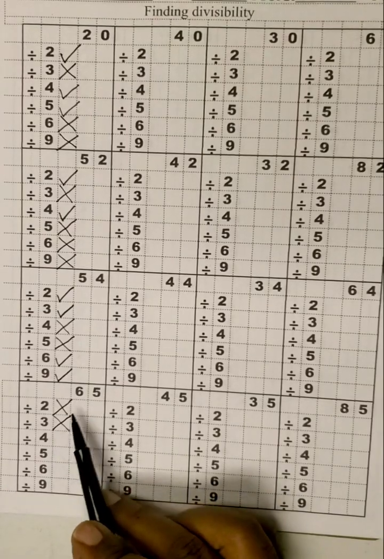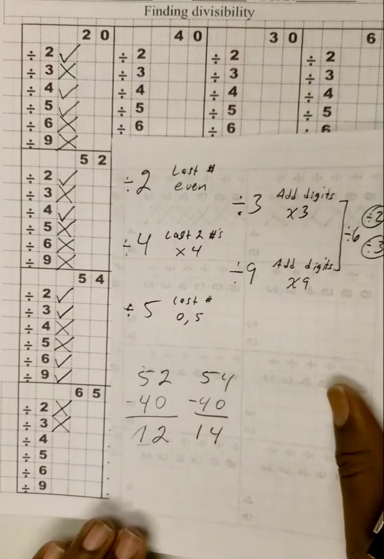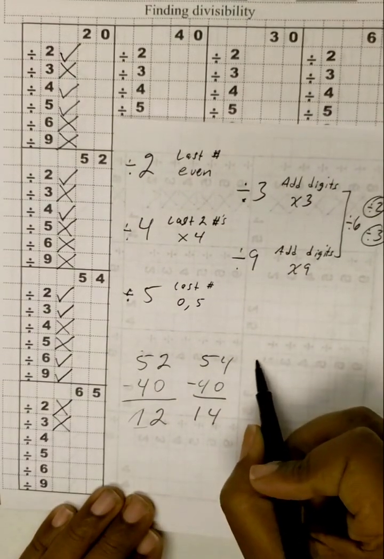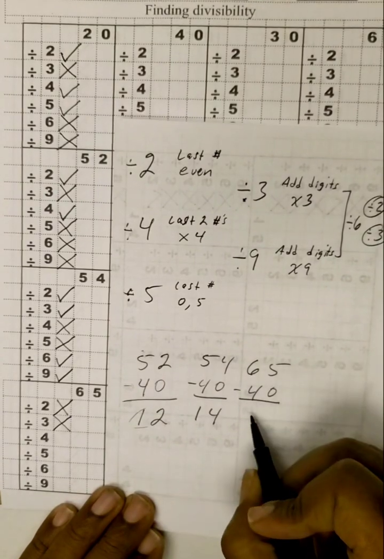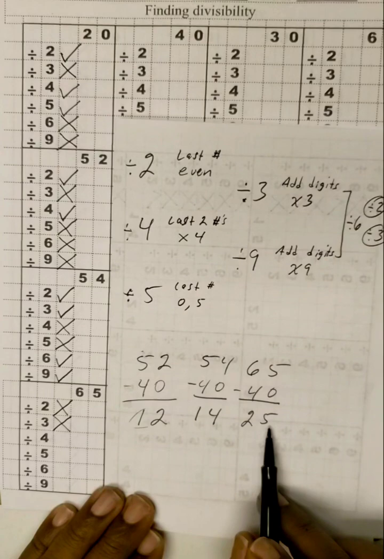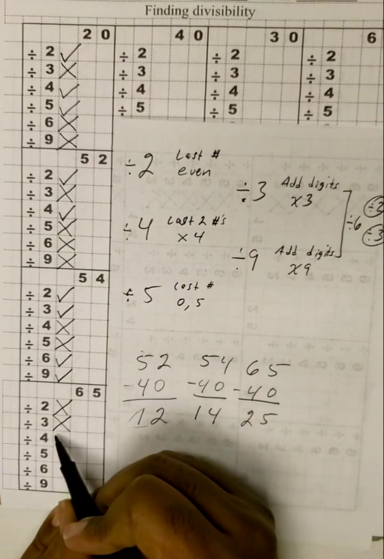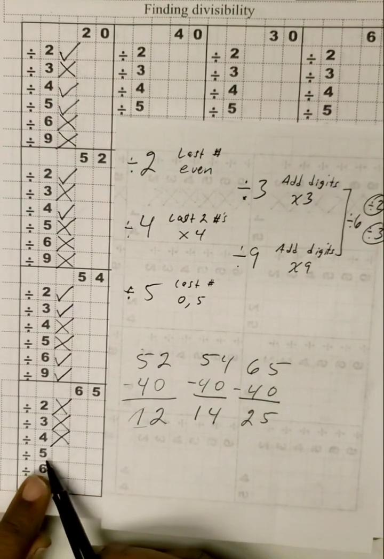Okay, is 65 in the 4 time tables? Well, 65 is a little large, so I'm going to subtract 40 from it just to make it a little smaller. And we'll get 25. And 25 is not in the 4 time tables, so this is not divisible by 4. Okay, so is it divisible by 5?